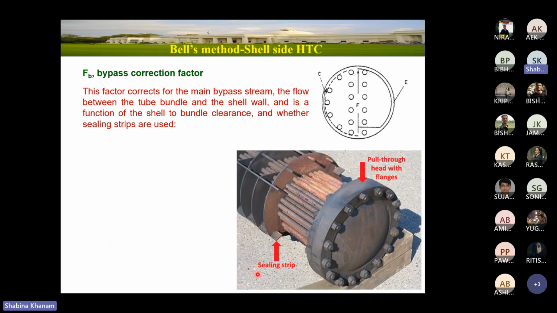If you would like to see a photograph, this is the actual heat exchanger. These are the number of tubes, and you consider these are basically the sealing strips. These are welded between baffles, between two baffles, you can see over here. And this we consider for heat exchangers which are of pull through type or internal floating head.